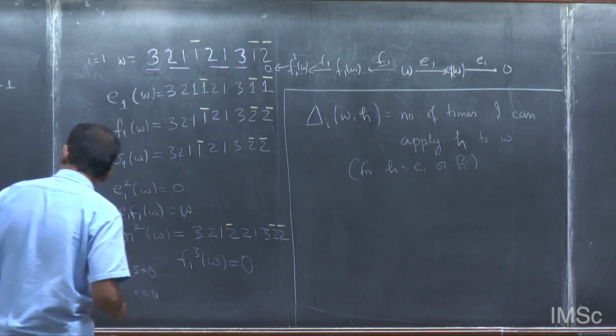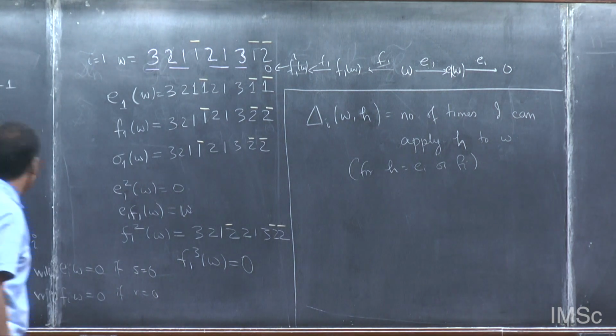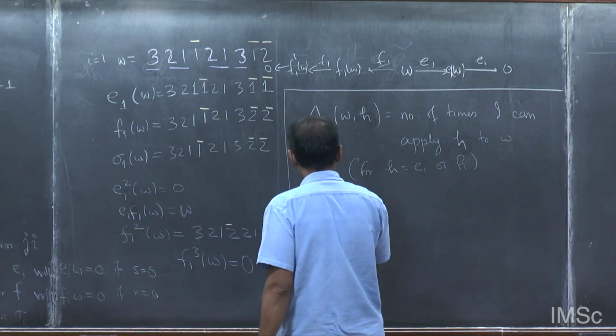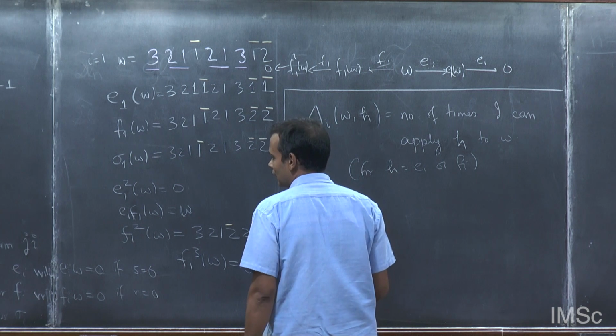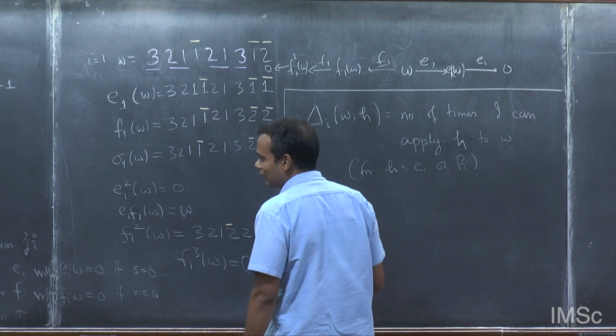And if you look at this form, then this is in the algorithm after you have done your freezing business. This is how many times can I apply E I?